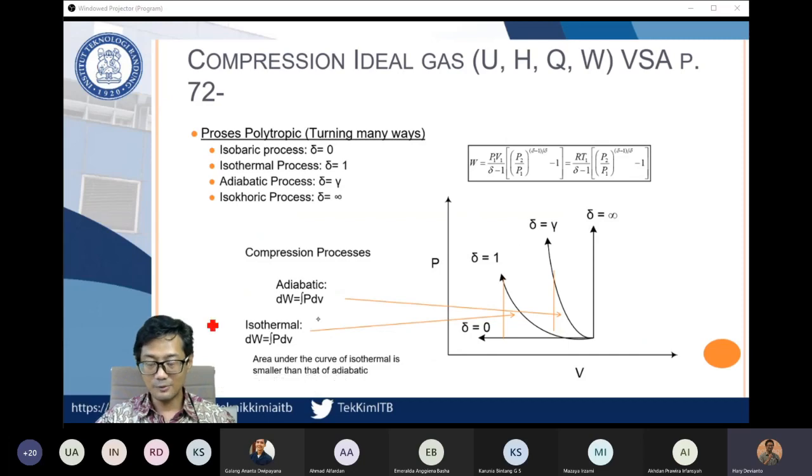The same principle, I will not go into details, but for compression, it means that we put work on it. So the work result would be positive. The system has additional work. And you can use the same thing to calculate that one.